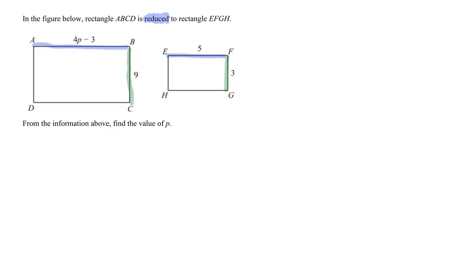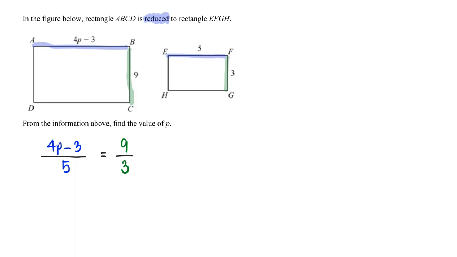And that is what we are going to tap on. So (4P minus 3) divided by 5 is going to be the same as 9 divided by 3, because they are reduced in the same proportion. And so with this, I would then be able to find the answer easily.